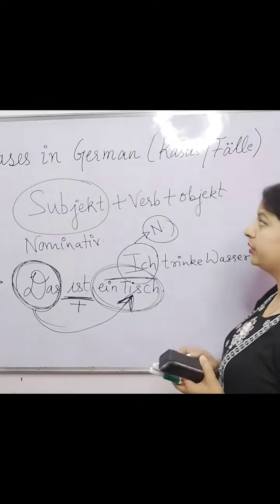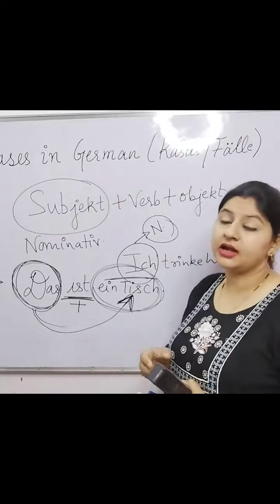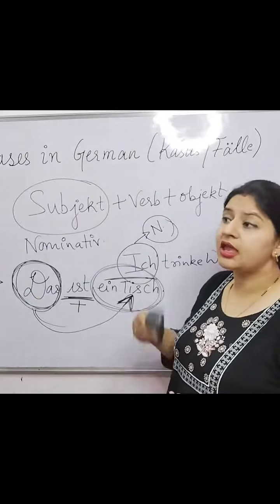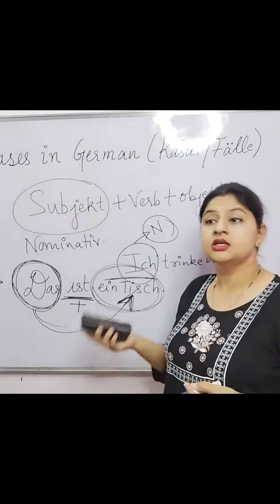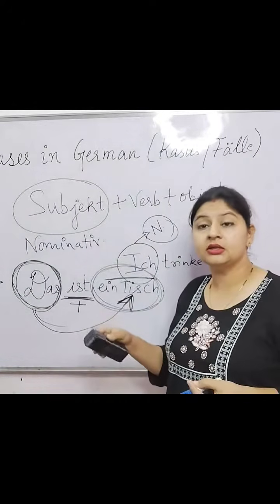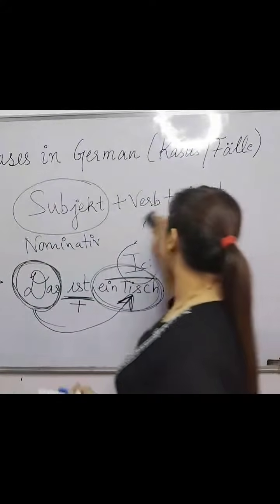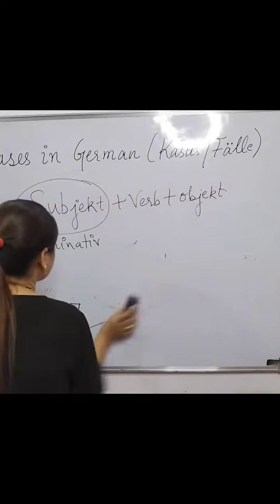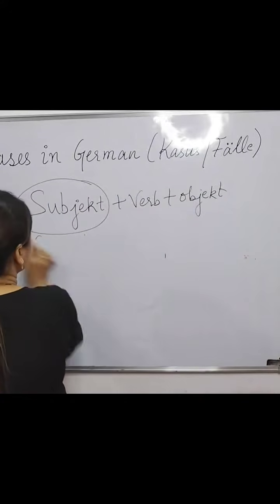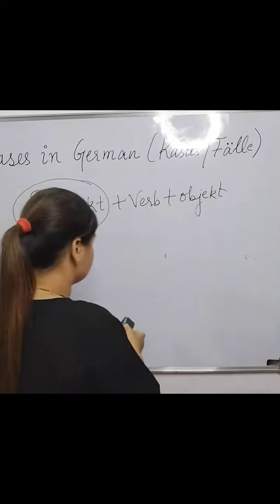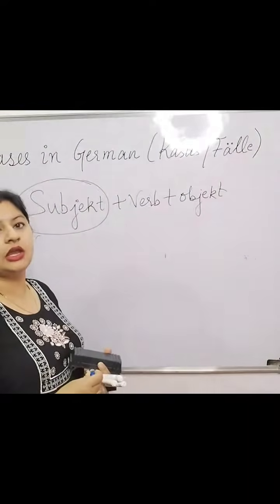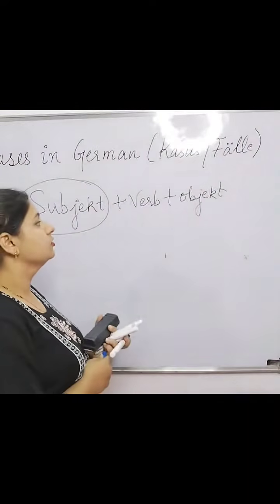Then verb, our action. It can be any: essen, kochen, trinken, gehen. Then coming to object. Object is again of two types.